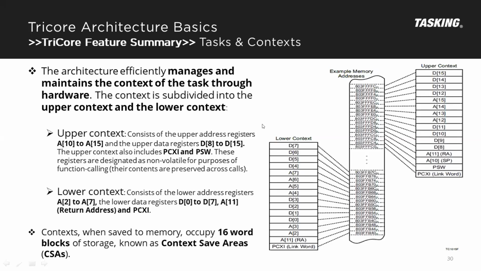So in order to save the lower or upper context, you need 16 words of memory space. And this link word links the current context with the next or the previous one. So it's the representation of the context switching between the tasks.